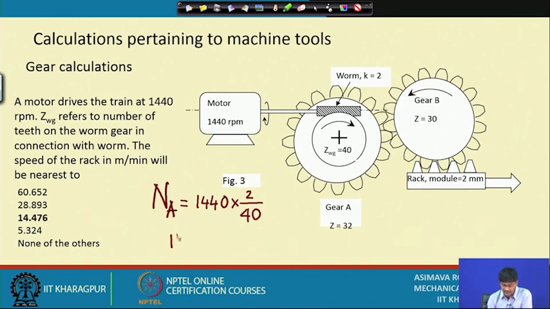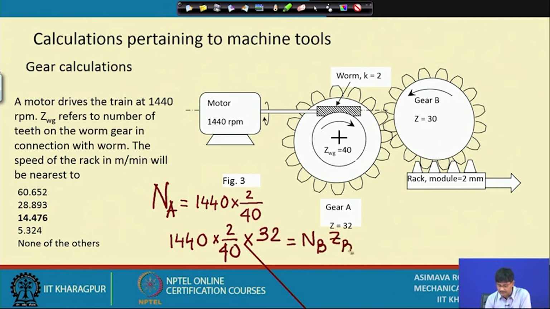Therefore, we move 1440 into 2 by 40 multiplied by, NA ZA will be equal to NB ZB, into NA ZA 32 must be equal to NB ZB equal to 30 multiplied by NB.